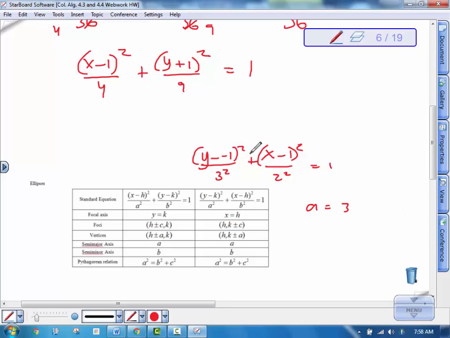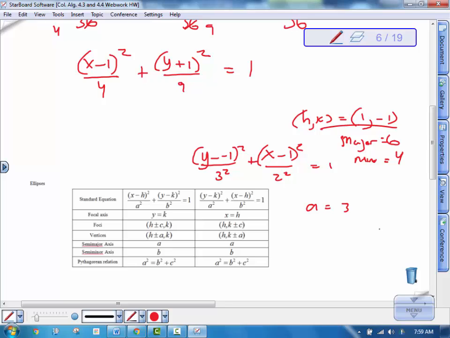And then the center, you can see, is at h, k, which is negative 1 comma 1. I'm sorry, h is the other way around. H is here, 1 comma negative 1. And then the major axis has length 6, and the minor axis has 2 times b, so b is right here, which is 2, so it'd be length 4.